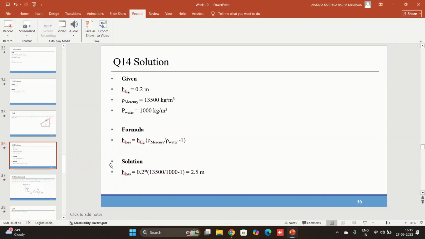So that is the answer actually. It is 2.5 meters.